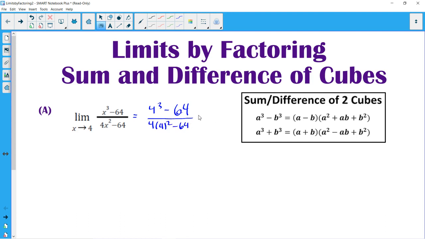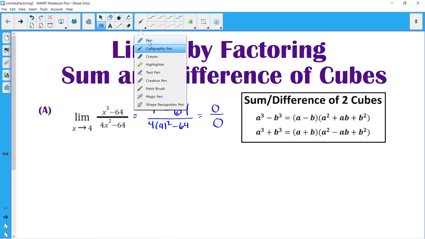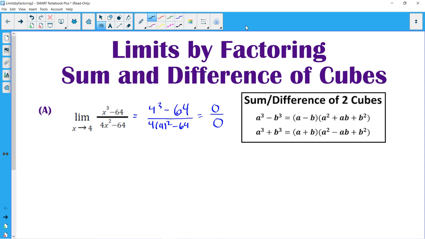What ends up happening is I end up with 0 over 0. And that is what we call indeterminate form. Basically what indeterminate means is we don't know what to do. We can't figure it out, right? So we can't get the answer from what we just did. So we need some other means to be able to do it. That means factoring for this particular example. Particularly it's sum and difference of cubes.